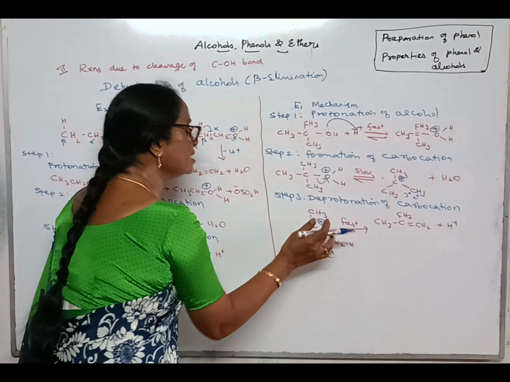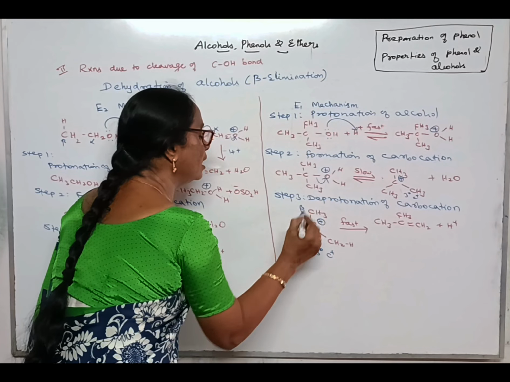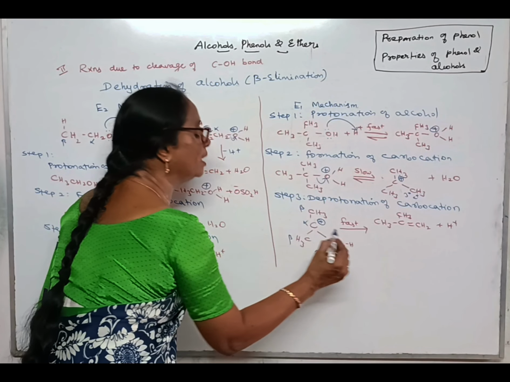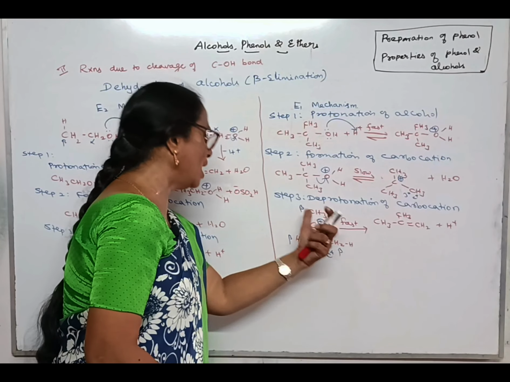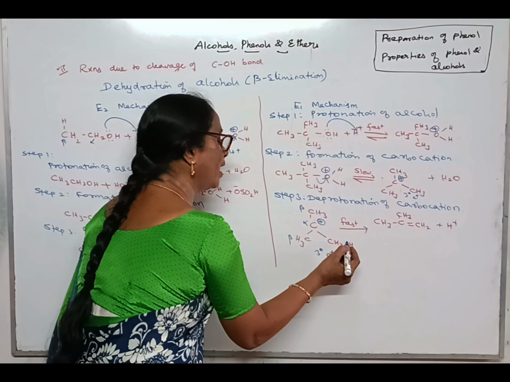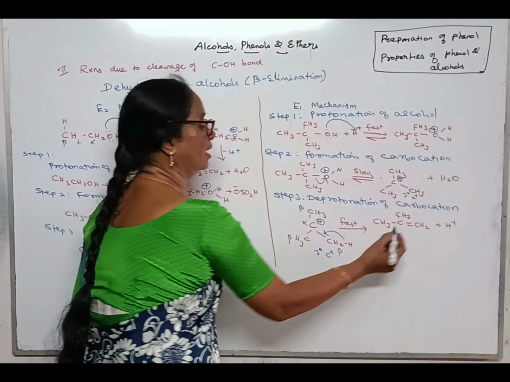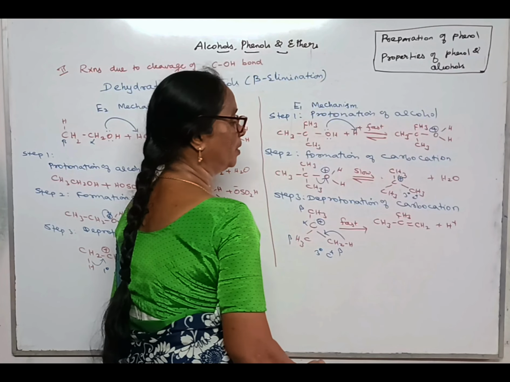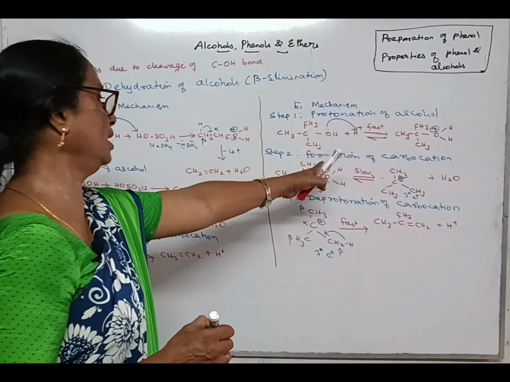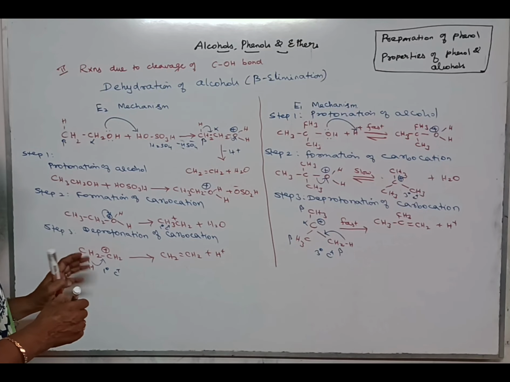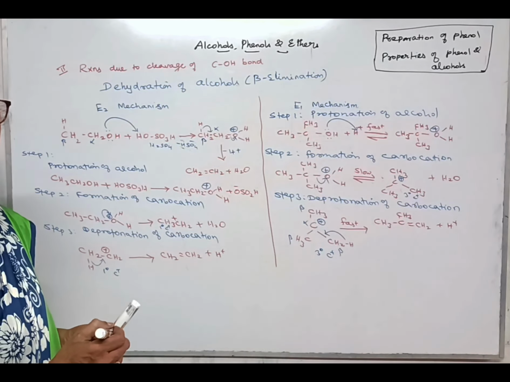This is the alpha carbon, and all the 3 methyl groups are beta carbons. As these 3 methyl groups are identical, you can remove the proton from any of the alkyl groups, and hence a double bond is developed. So this is the E1 mechanism of tertiary alcohol. This is the E2 mechanism of primary alcohol.